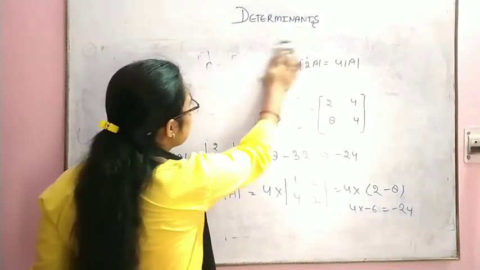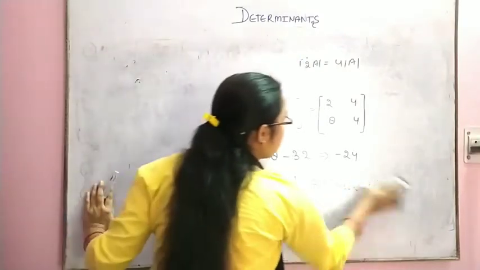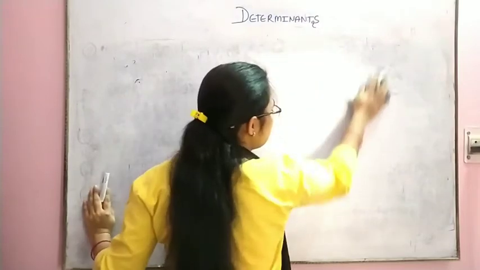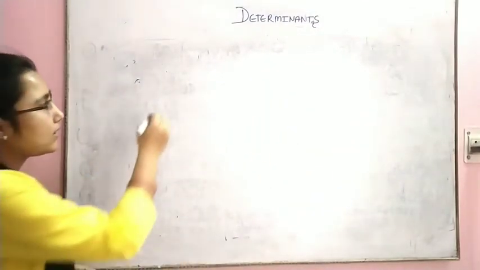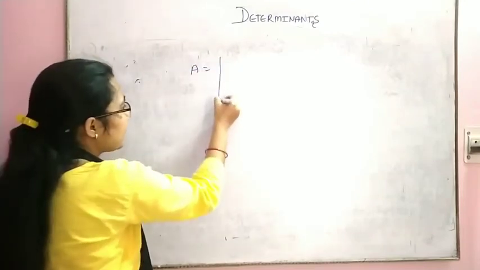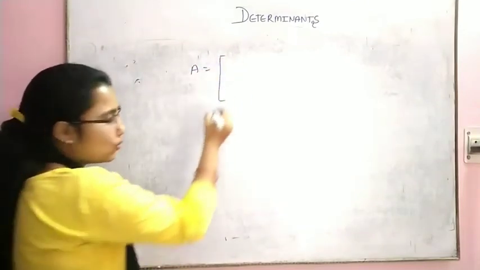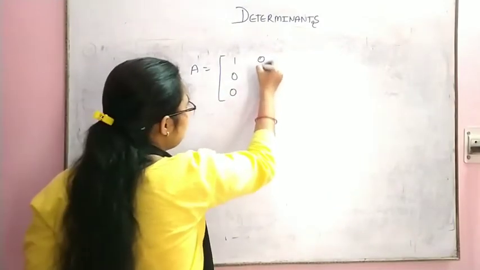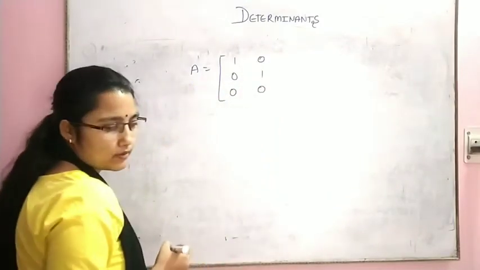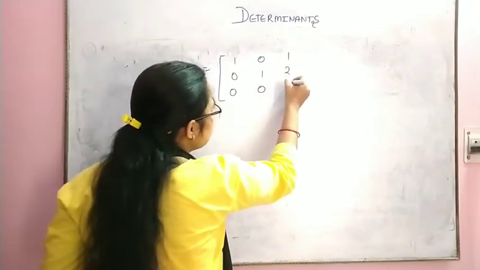Now come to the next. So the next question is, A is given to you, matrix 1 0 0, 0 1 0, 1 2 4.